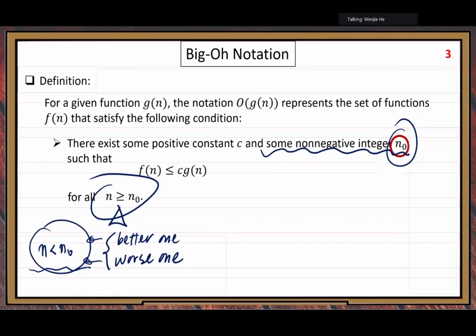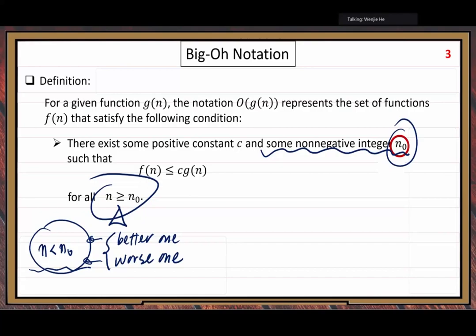That part we count. Which one performs better for relatively large problem sizes? That part counts. This part doesn't count. So which one is faster, which one slower, doesn't matter. So that's another understanding.